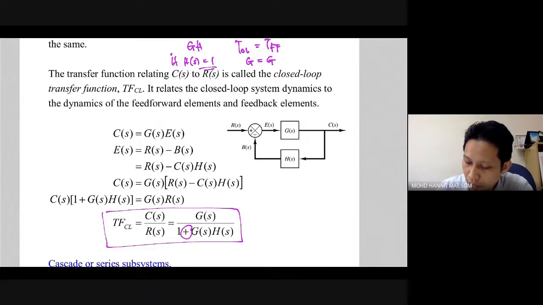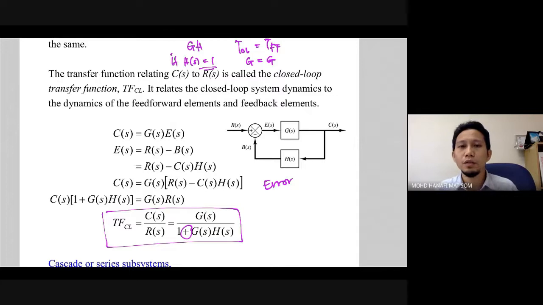E(s) is the error signal. How do you get the error? What is error? Error is what you want minus what you get. For example, you want the aircon system temperature to be 25 degrees C. What does the aircon give you?